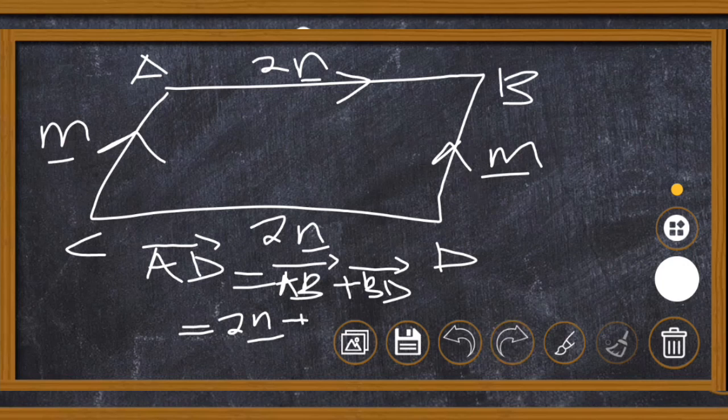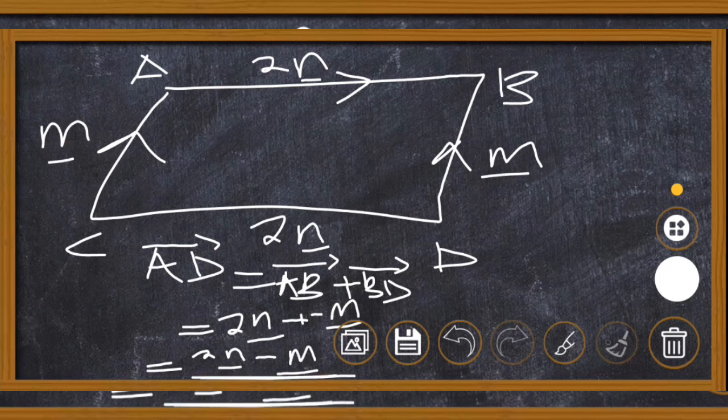Since the arrow is going upward and we are going downward, it's going to be the negative of this vector, so negative vector M. Positive multiplied by negative is negative. So vector 2n minus vector M is our answer for this type of problem.